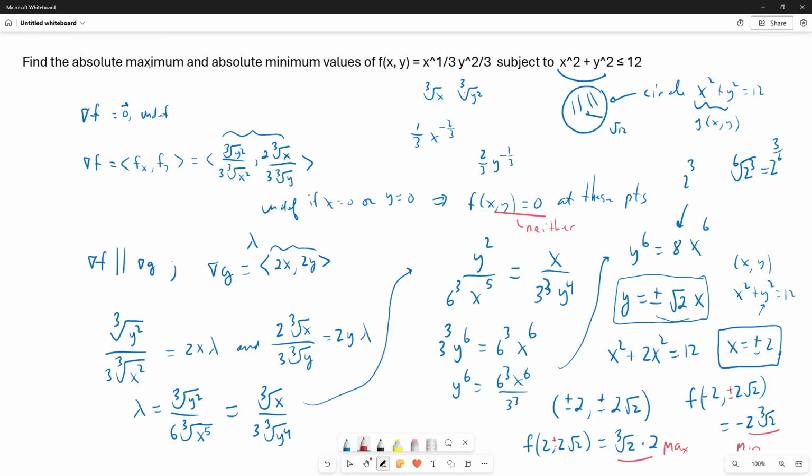So the absolute maximum and absolute minimum values of this function on this disk are 2 times the cube root of 2 and negative 2 times the cube root of 2 at the points for the max, 2 comma plus or minus 2 root 2, and for the min, the points are negative 2 comma plus or minus 2 root 2.